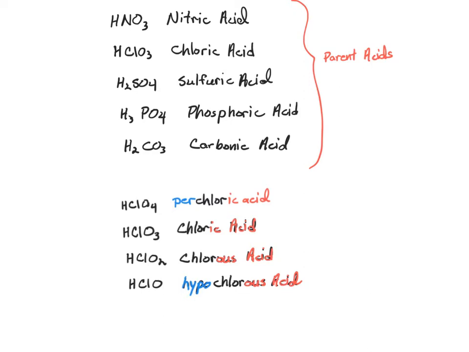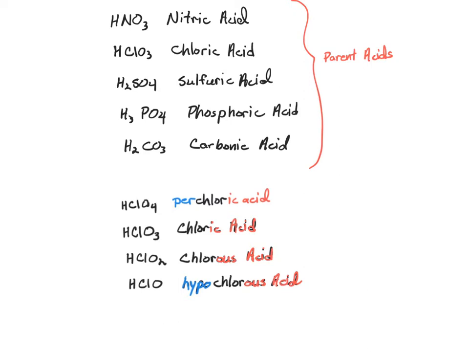Now what we're going to find is that the same naming system can be applied to all of the other oxoacids. But it should be pointed out that not every one of the acids is going to have a version that has one more oxygen or one less. So you're not going to have every possible name that could be given to these different compounds. An example of this would be sulfuric acid.